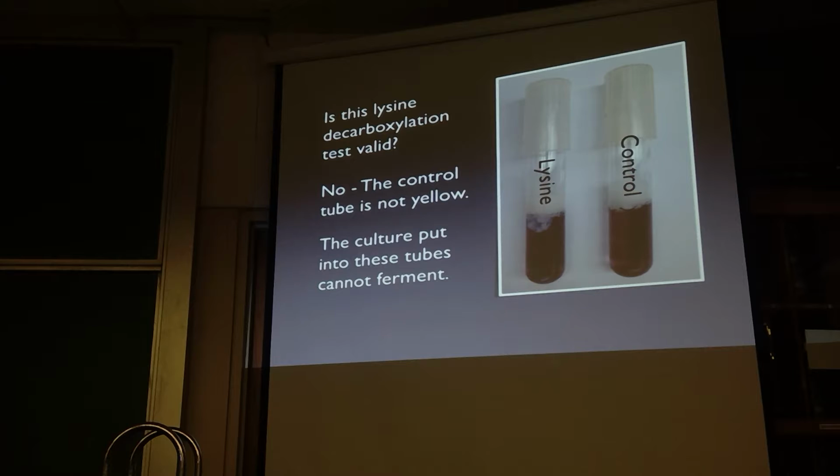Is it purple because that culture can't ferment anything? If you run the lysine test on a respiratory culture, you will get that result. They can't ferment. So that's an invalid. If you get one of those and you thought you were using your fermentative culture, you weren't. Or maybe you were and you killed them. Anyway, you need to do it over again.